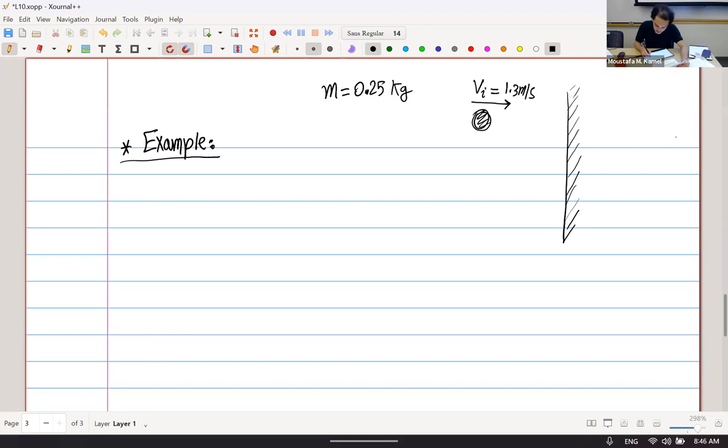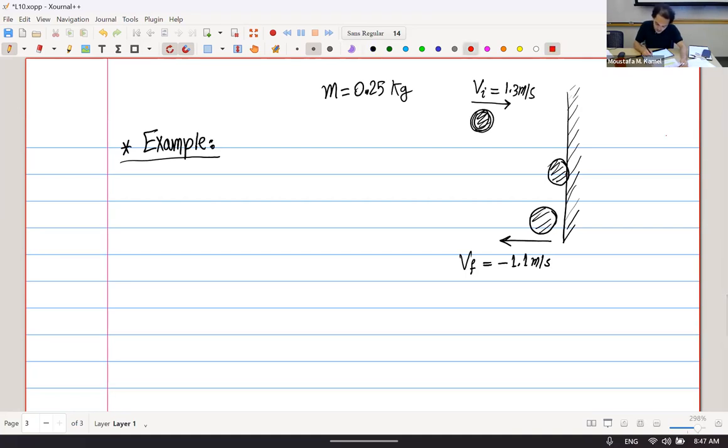This is before, and then this is the contact time when the ball was in contact with the wall, and then this is right after the ball leaves the wall, and we know that the final velocity is equal to negative 1.1 meter per second, because we're taking into account the direction as well.